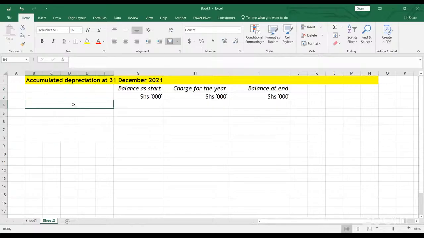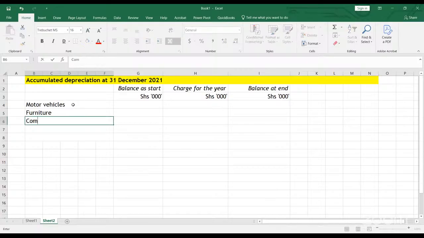Okay, what are the assets we have? We have motor vehicles. What else do we have? We have furniture, and then computers. Can you read for me the depreciation?